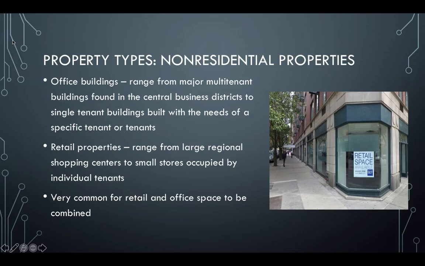Office buildings range from major multi-tenant buildings found in central business districts to single-tenant buildings built with the needs of a specific tenant or tenants. Retail properties range from large regional shopping centers with millions of square feet to small stores occupied by individual tenants. It's also very common for retail and office space to be combined.